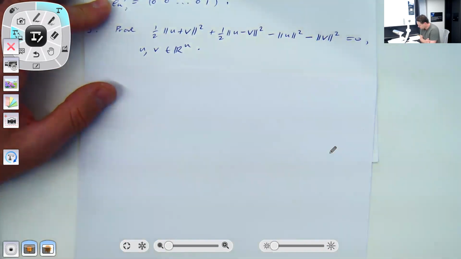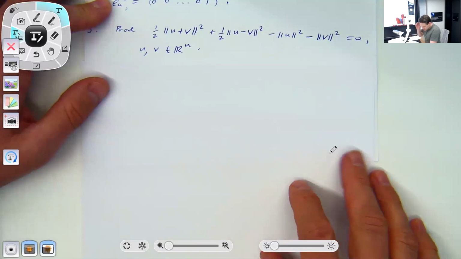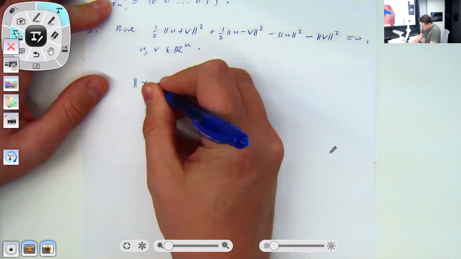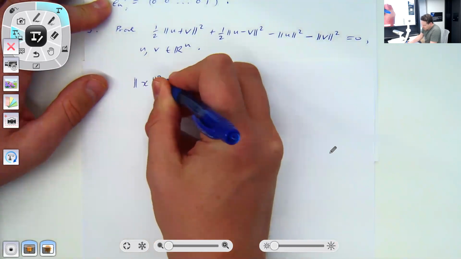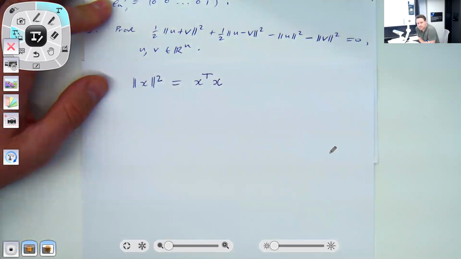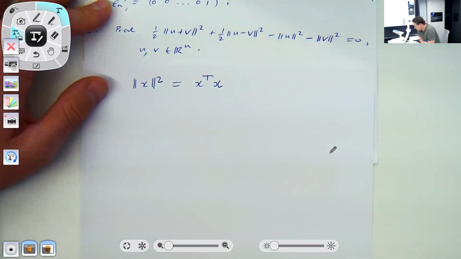Okay, so we've got to prove that. But one key ingredient was the observation here that the norm of a vector x squared is equal to x transposed times x. All right? So we'll use this. This will make quick work of the proof.